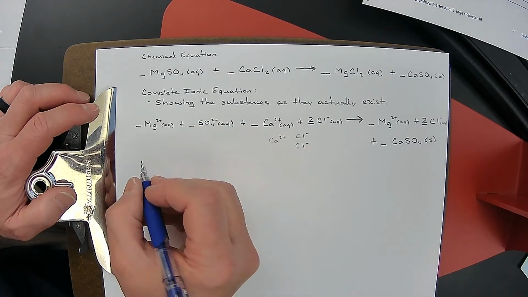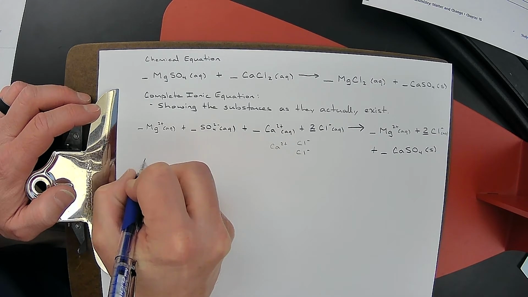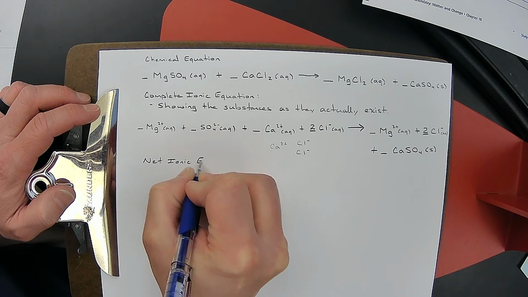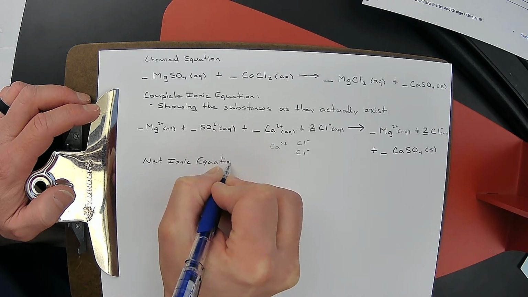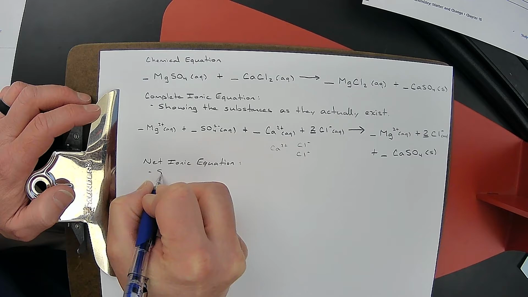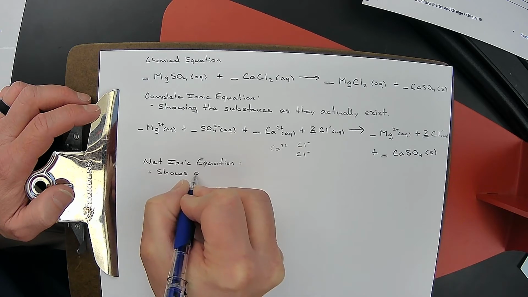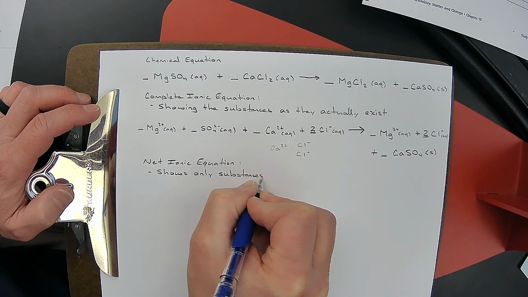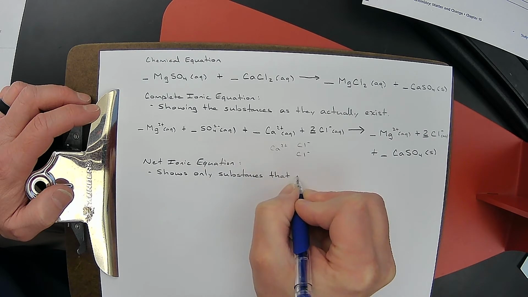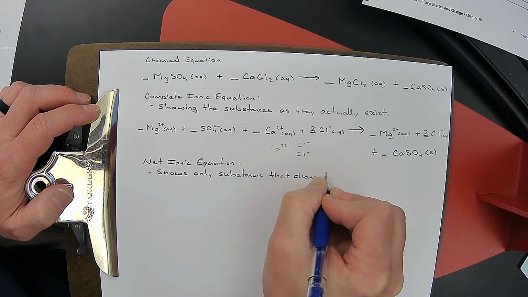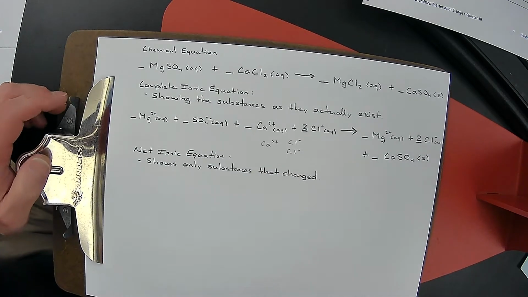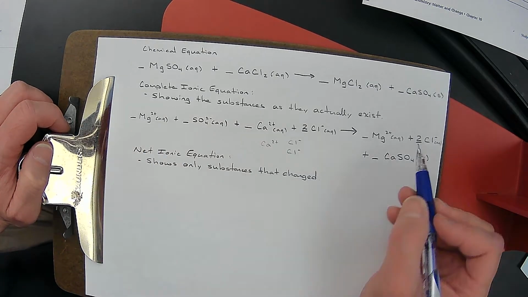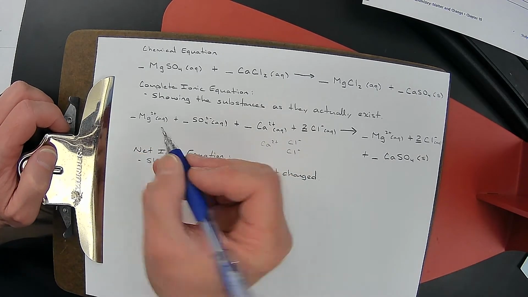And then finally, we need to write what's called the net ionic equation. The net ionic equation shows only substances that changed. So anything that changed during the reaction will be shown. For instance, Mg2+ started as Mg2+ and ended as Mg2+.